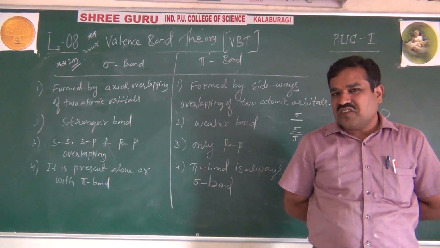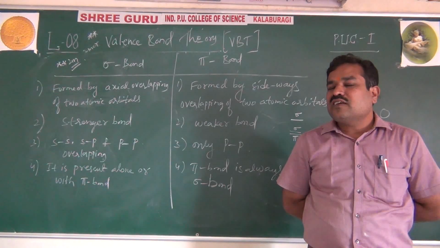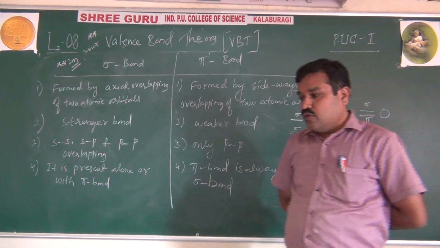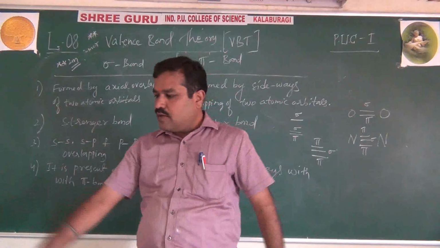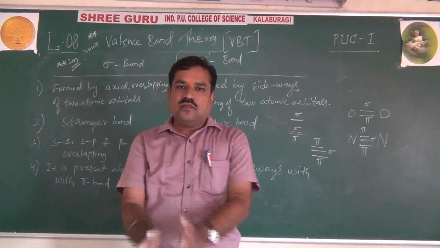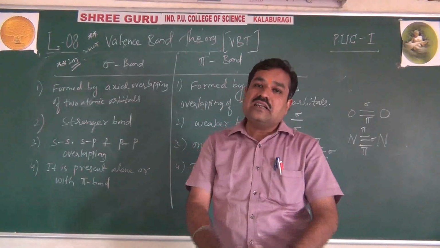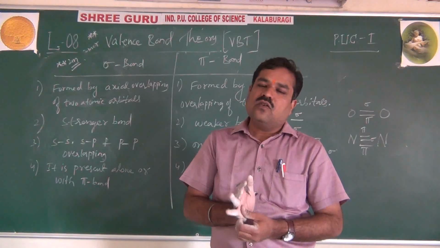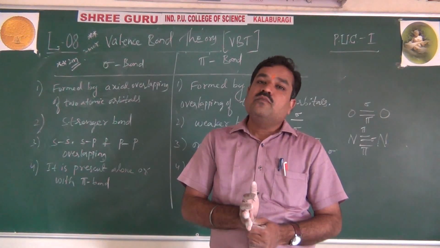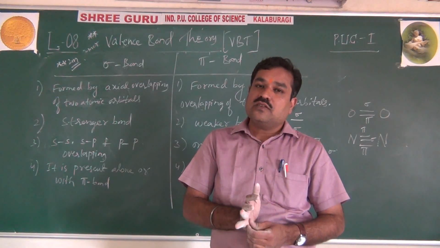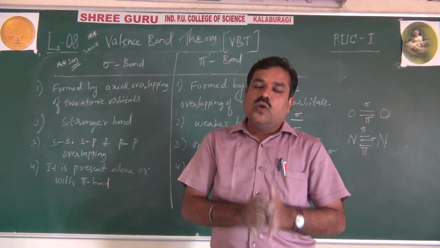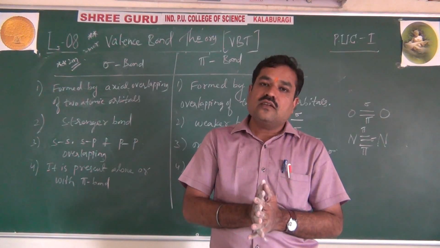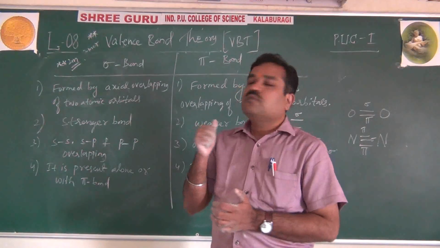So that's about valence bond theory and the 2 types of covalent bonds, sigma and pi, and the differences. And I showed you examples and the orbital overlap picture. Further in hybridization, once again I will take you very clearly and go very slowly. In tomorrow's class, I will go very importantly into hybridization. Remember students, to understand the concept of hybridization, you should compulsorily read this valence bond theory.